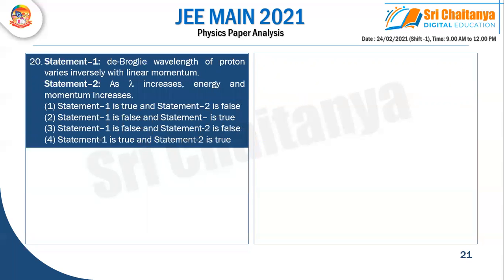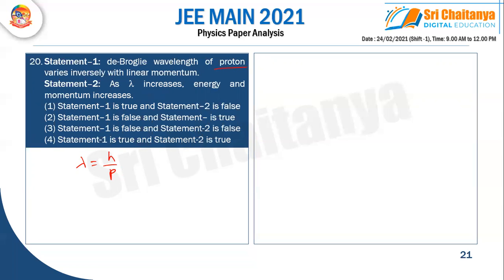Now he says the de Broglie wavelength of a proton varies inversely with linear momentum. Lambda is equal to h by p. And statement 2 says lambda increases, energy and momentum increase. No, in fact, if lambda increases, we have inverse proportionality, so momentum should decrease.